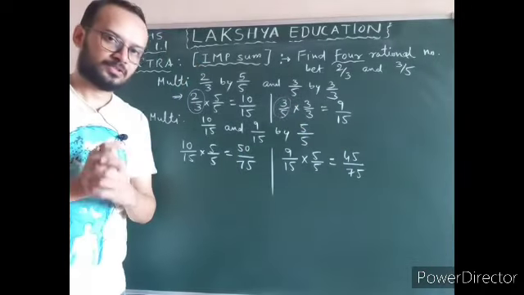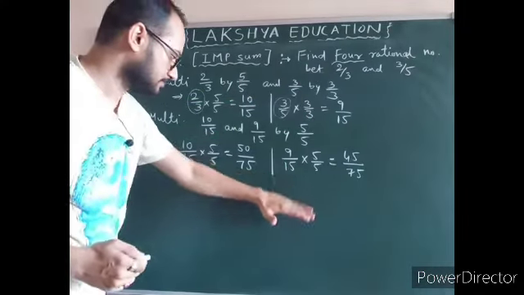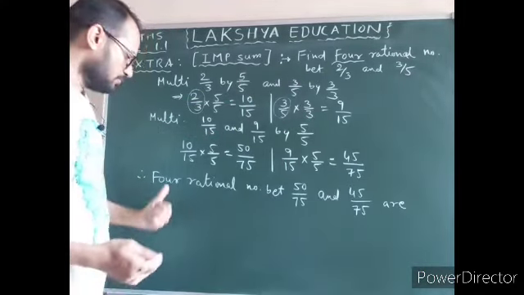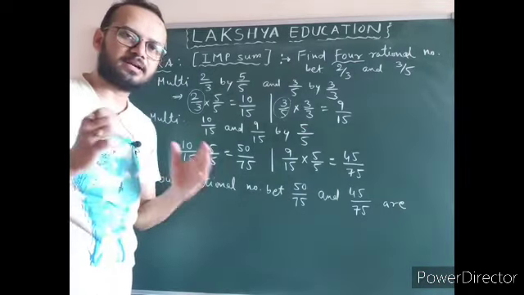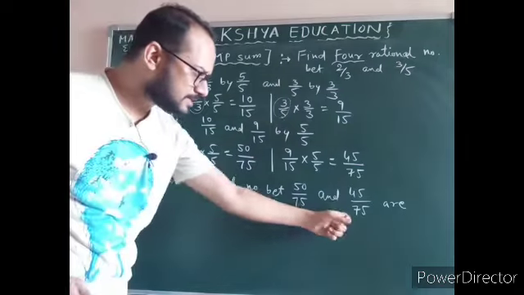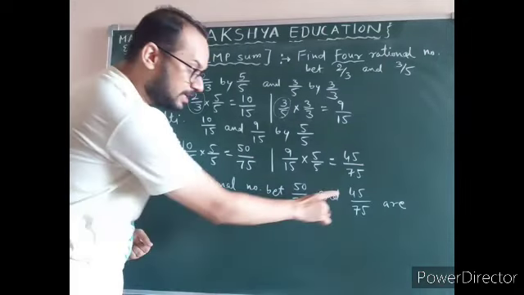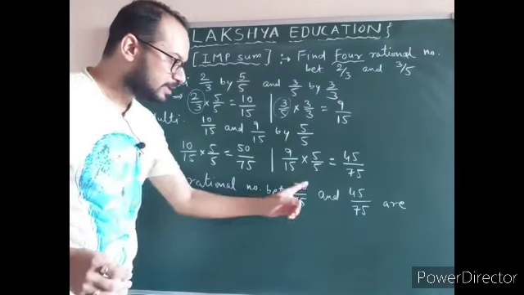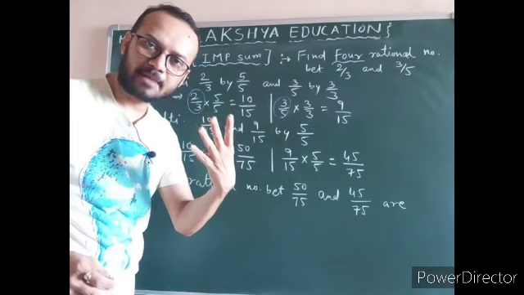So now we want 4 rational numbers between these two numbers. So finally we can say that the 4 rational numbers between 50 upon 75 and 45 upon 75 are, see here, denominators are the same. Numerators have how many gaps? 50 and 45. The gaps will be, after 45: 46, 47, 48 and 49, a gap of 4 numbers.